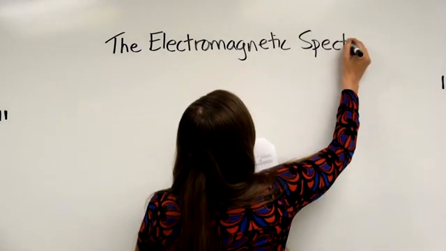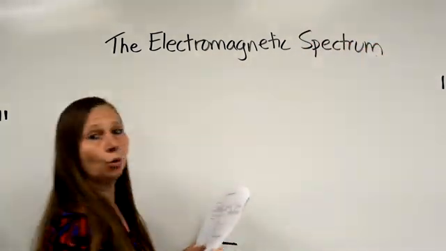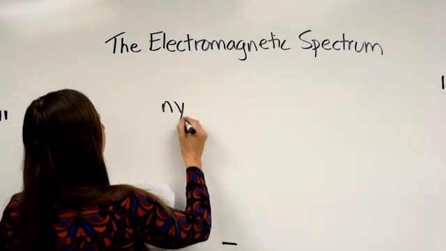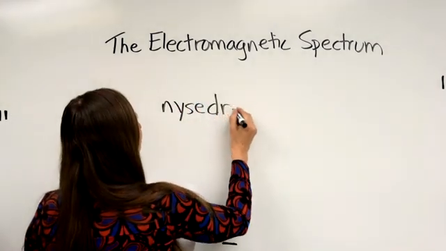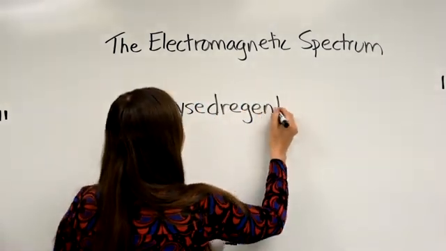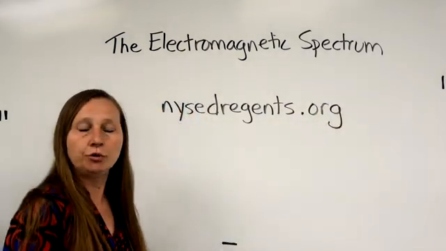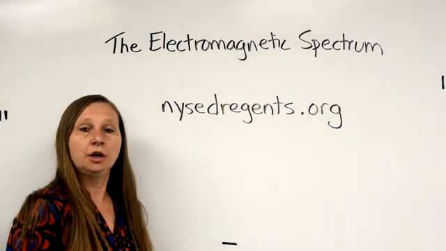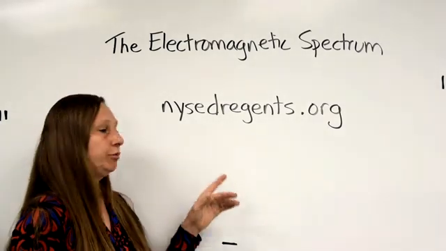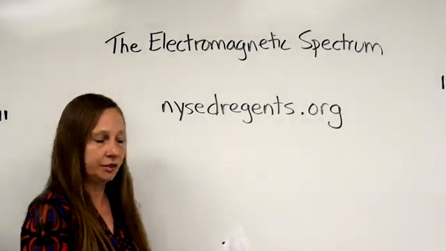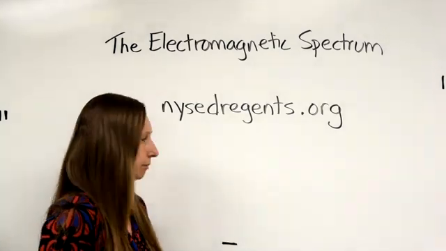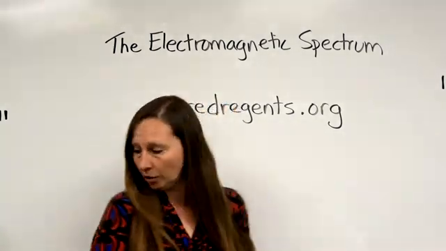You can print it out from this website, or you can go to NYSRegents.org, go to the physics reference tables, and print out either the entire reference tables or just this chart.